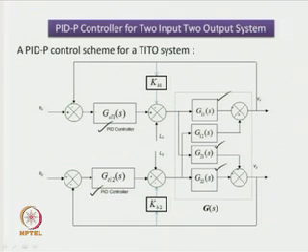We have inserted proportional controllers in the inner feedback path. So, KB1 is the proportional controller in the first loop and KB2 is the proportional controller in the second loop. This PID-P control is a 4 parameter control for the TITO system.